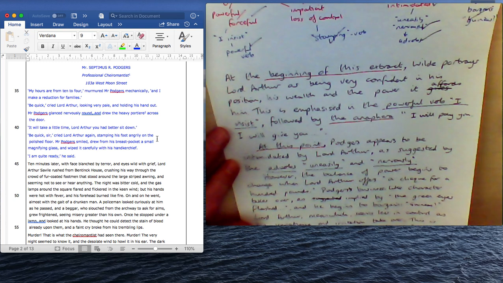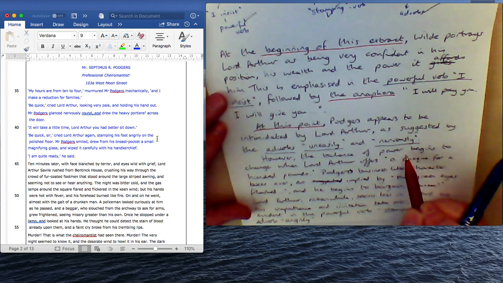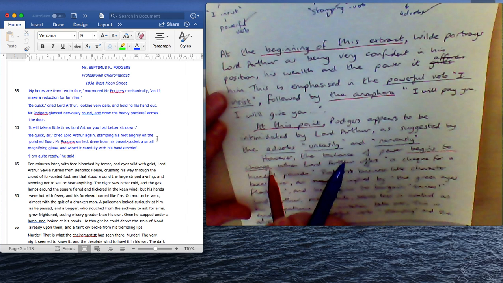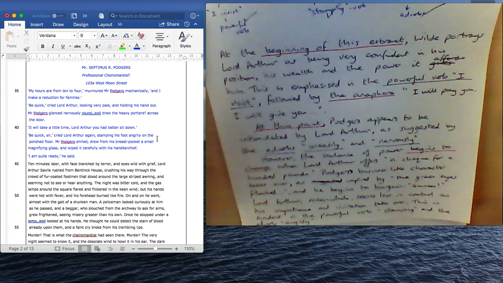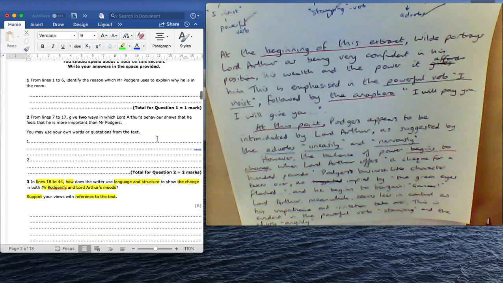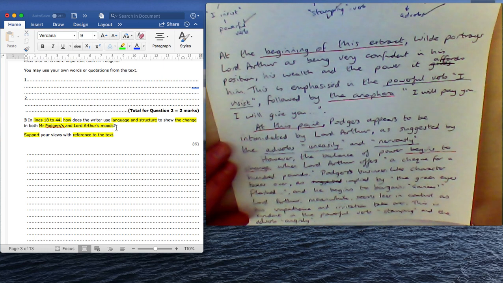Now we have a structural point, as I mentioned before. However, the balance of power begins to change. So we can see that we're getting the role reversal, and this is taking us back to the question, which you will see here, the change in both Podgers and Lord Arthur's moods. It's directly addressing a key element of the question.